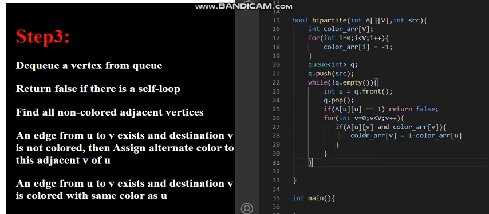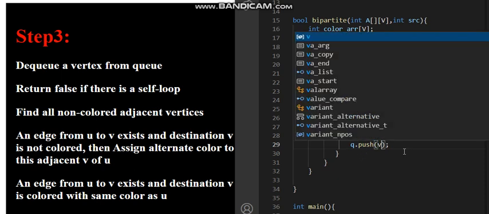A different color with respect to u, and then we'll push all the neighbors of v into q, because we have to check for those also, right? Like BFS. I hope that you know BFS before watching this.